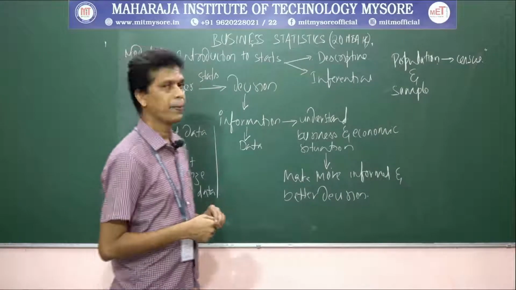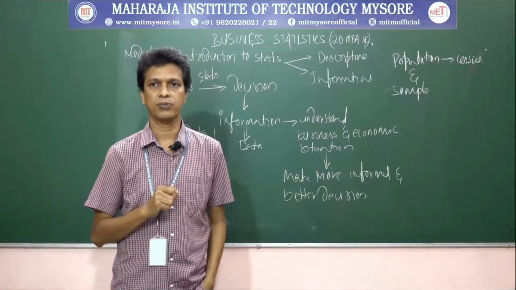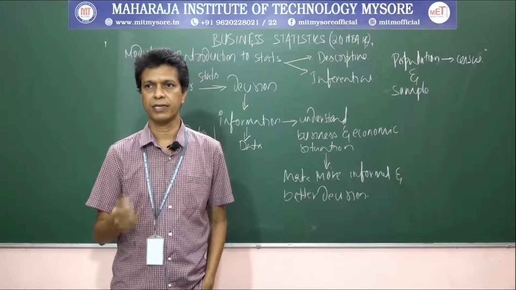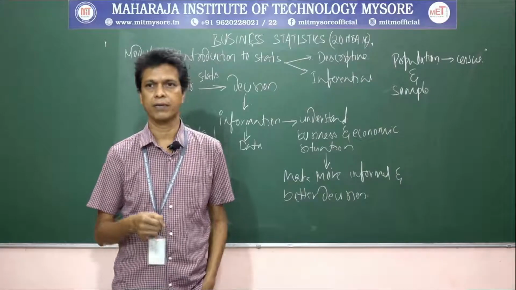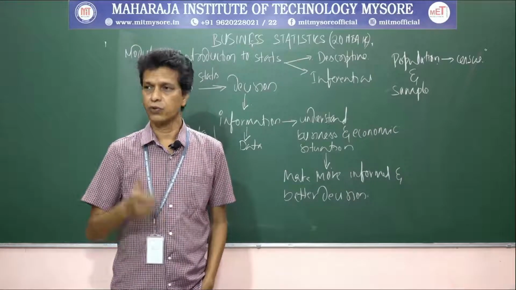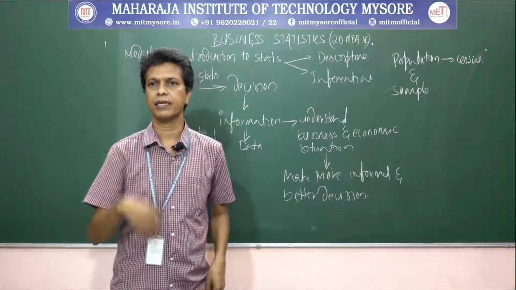But in business, many situations require information about a large group of elements. It may be information about customers or products or households or individuals or companies. But do you think that we can take the entire population and get the data?